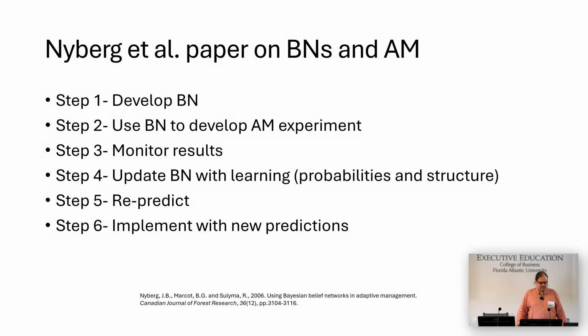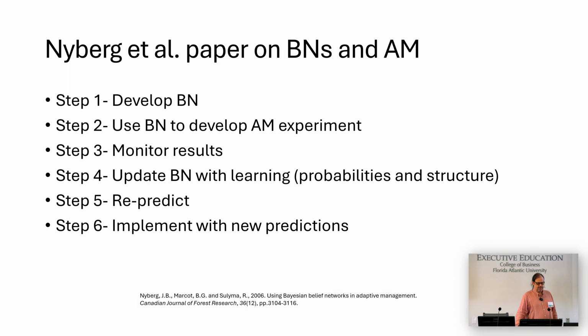As far as causal Bayesian networks or structural causal models, there's a really cool, classic paper from 2006 by Nyberg and colleagues on using Bayesian networks in adaptive management. The steps are very common sense and really kind of cool. Step 1, you develop your Bayesian network, like what we were talking about earlier. Step 2, you use the Bayesian network to develop your adaptive management experiment.